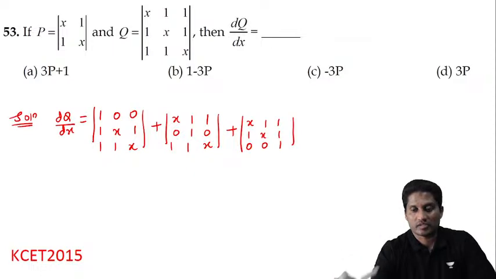Plus the determinant where we differentiate the third row, keeping the first row and second row as it is. Similarly differentiate the last row. That is the differentiation of a determinant.